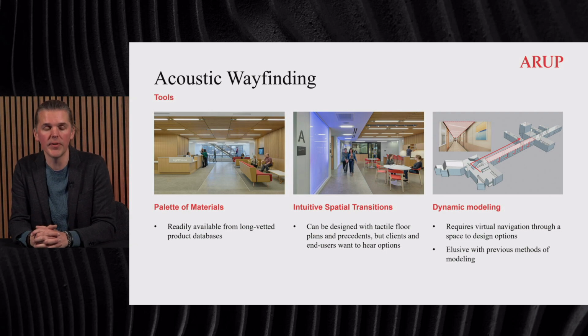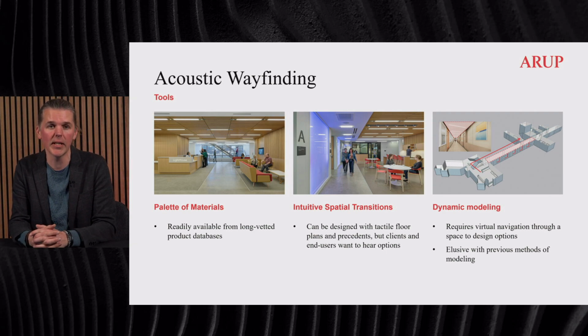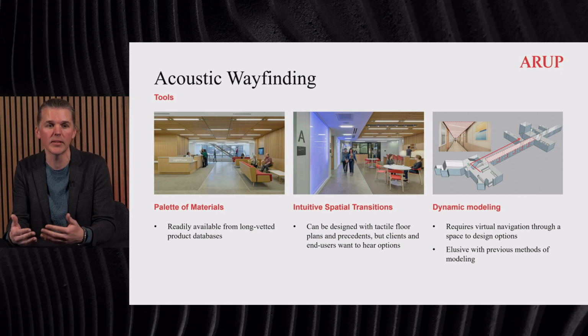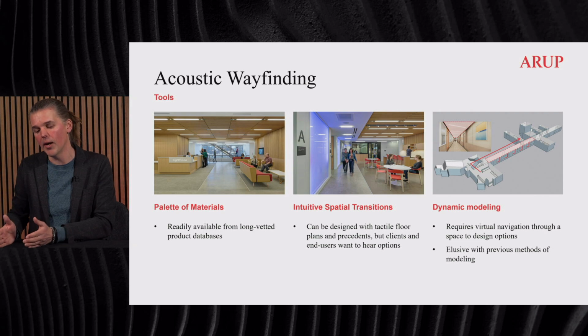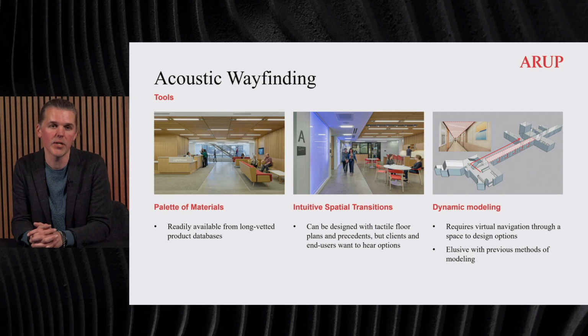In the past, what we've done is stitched together various software packages to make this happen. It's been successful, but it's a very laborious process of using different packages for different elements of this dynamic modeling to be able to express the design changes that we're trying to communicate.